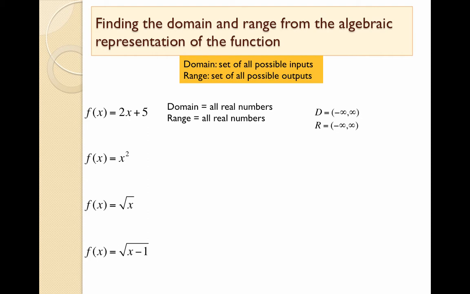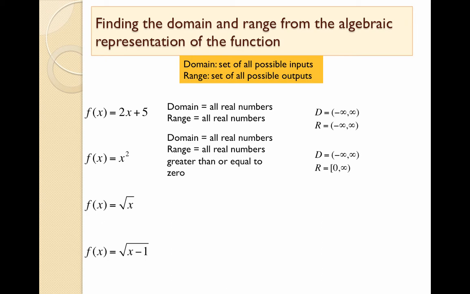If you put in any positive number for x and you square it, you're going to get a positive value out for the function value or the y value. What happens if you put in a negative number for x? When you square a negative number, you're also going to get a positive number. So what we see is that we're never going to be able to calculate a negative number as an output. So our range is limited to all real numbers that are greater than or equal to 0.